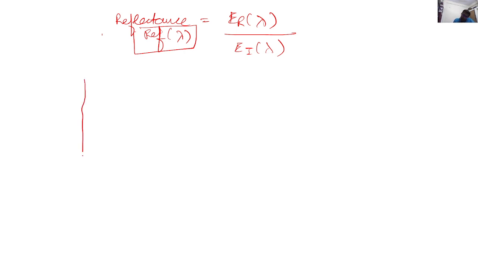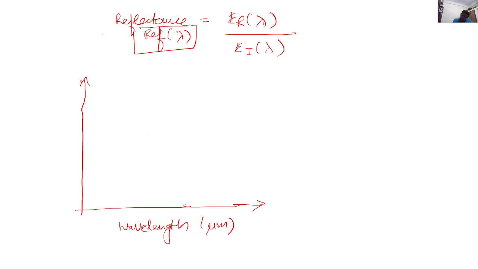So let's take the first such example, a very famous example by the way. On the x-axis, it's the wavelength, let it be in micrometers. And on the y-axis, it's the reflectance. Suppose it is in percentage. So we are just normalizing it from 0 to 1 to 0 to 100.